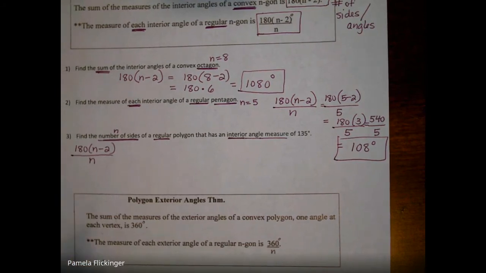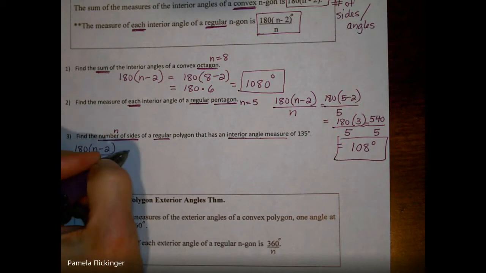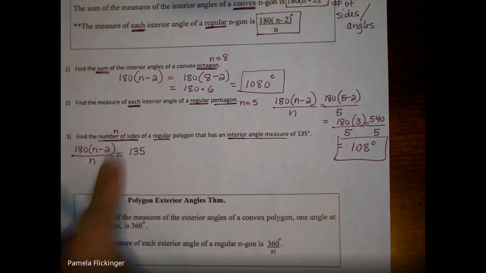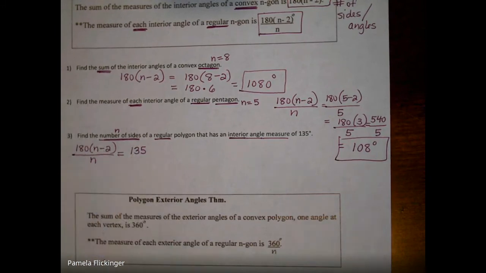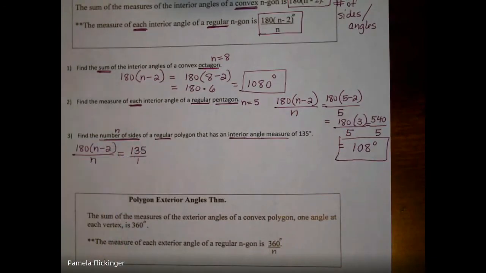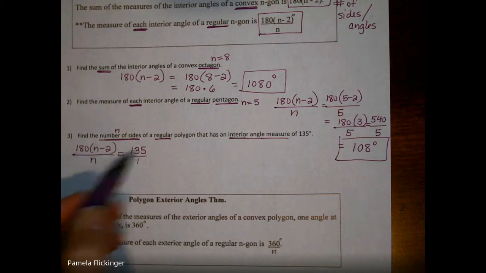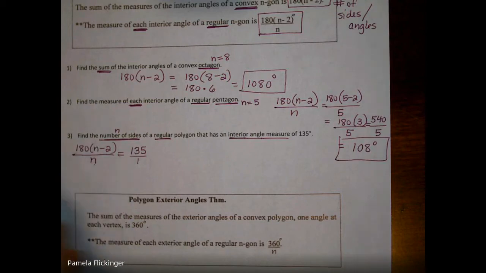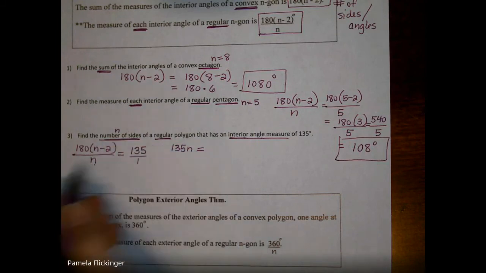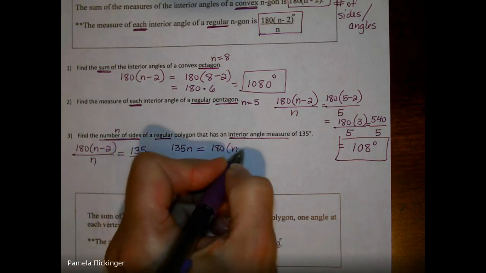They're telling us what that equals. Whatever n is, we're going to get 135. That's what each angle is going to be. So we're going to take that formula and set it equal to 135. Again, treat this like a proportion. Pretend that's over 1. If we cross multiply, what we have is 135n equals 180 times n minus 2.